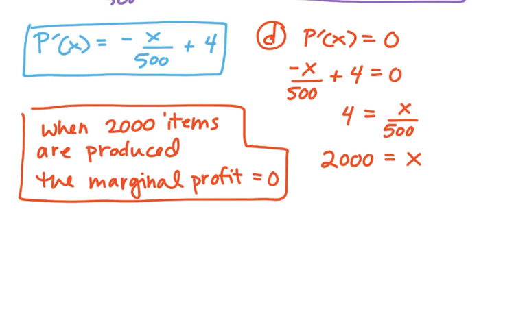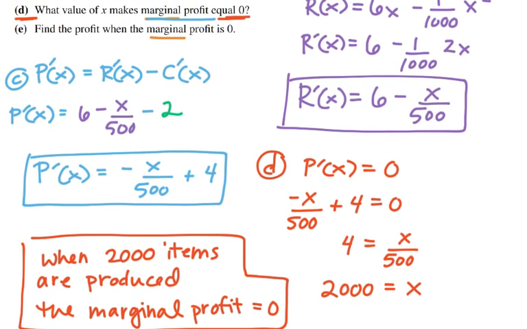All right, so our last part here, we're going to focus on part E, which is find the profit when marginal profit is 0. So that means find the profit. Profit's an output when marginal profit is 0.